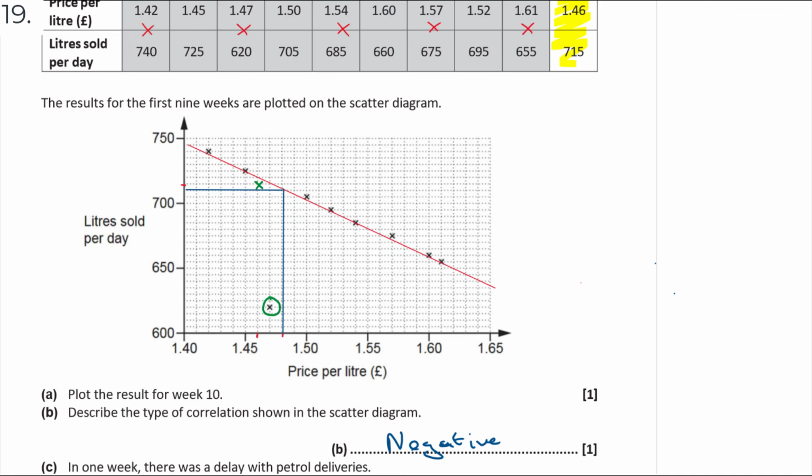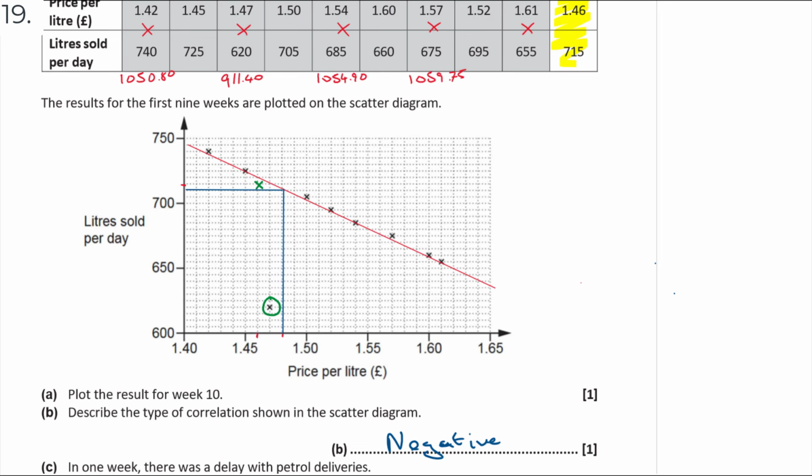So 1.42 times 740, that's 105,080. 1.47 times 620, that comes out to be 91140. 1.54 times 685, that is £1,054.90. 1.57 times 675, that comes out to be 1059.75.